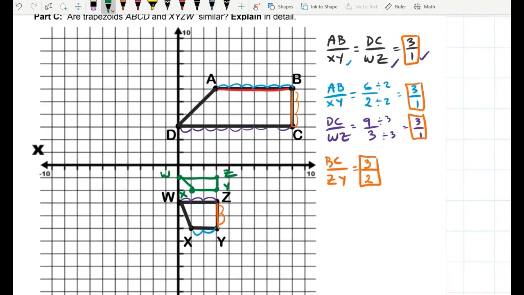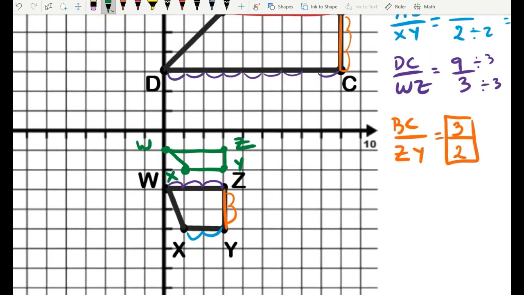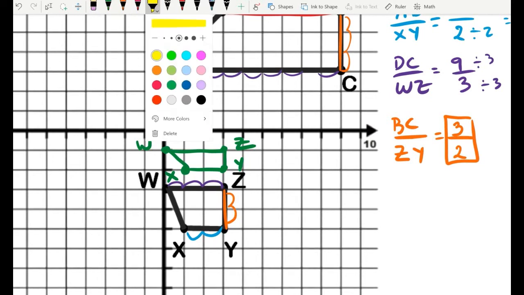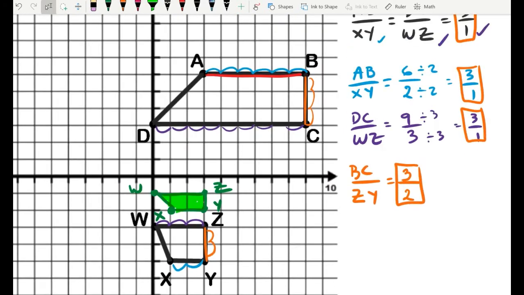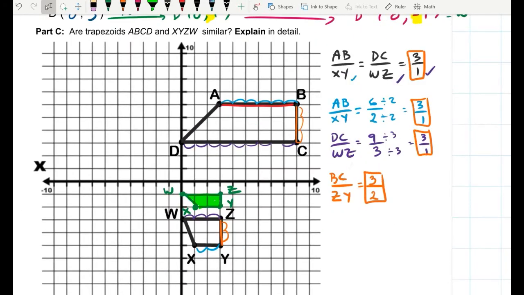Okay, so that is our answer. I'm going to color it so you can see it standing out. Alright, that's it for part B.